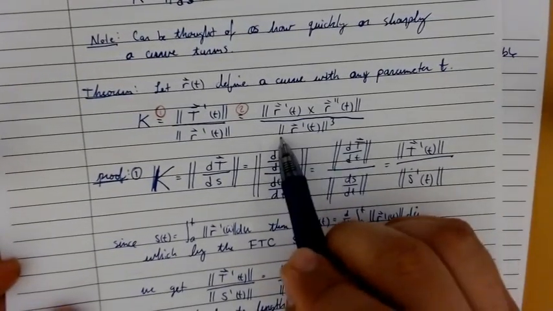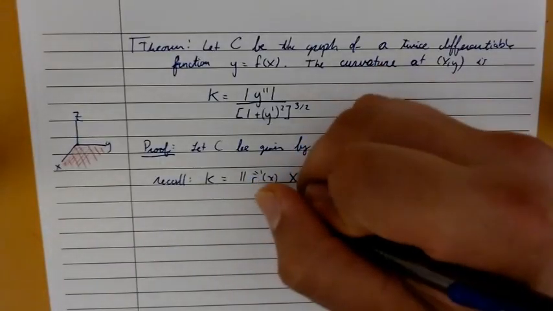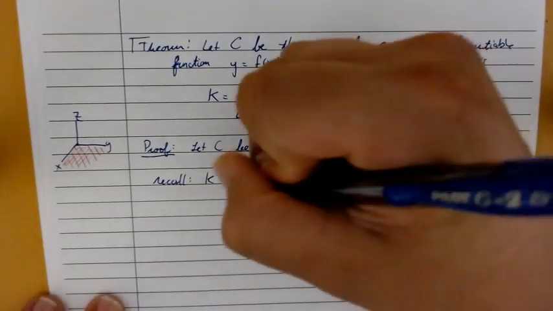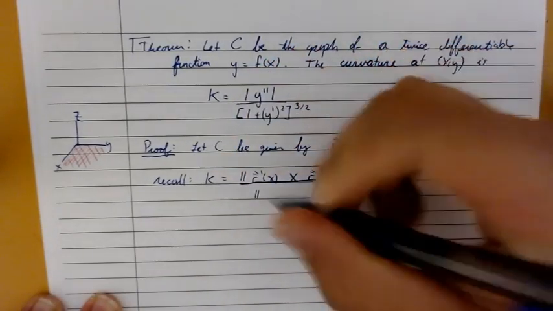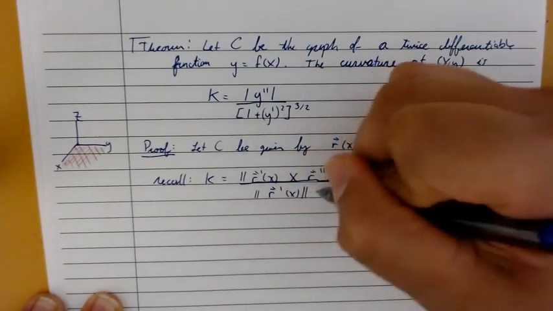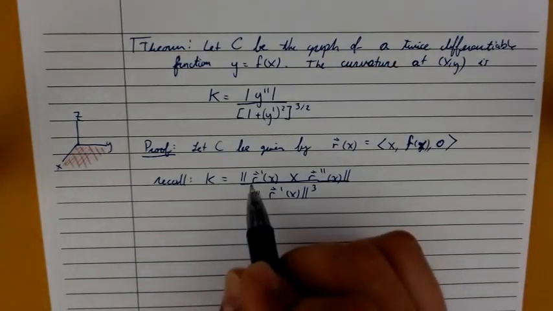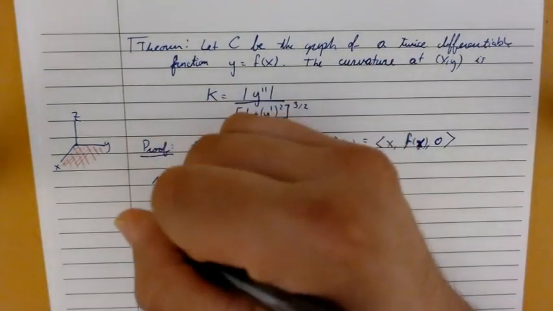Okay, we're just taking that numerator here and replacing the t's with x's. And then we're dividing the whole thing by the magnitude of the derivative raised to the third power. So dividing everything by the magnitude of R prime, and that magnitude is raised to the third power. So it looks like we're going to want to find the first and second derivatives.